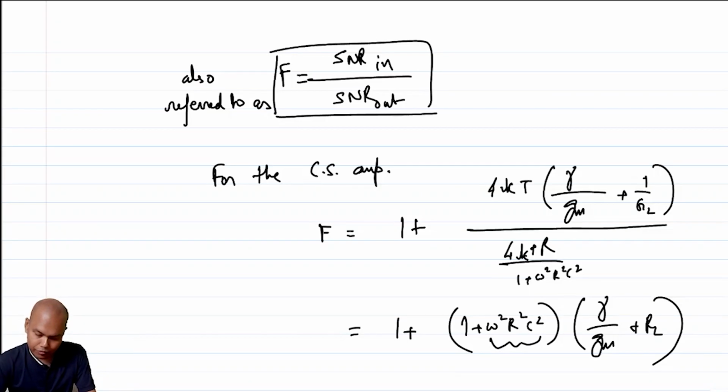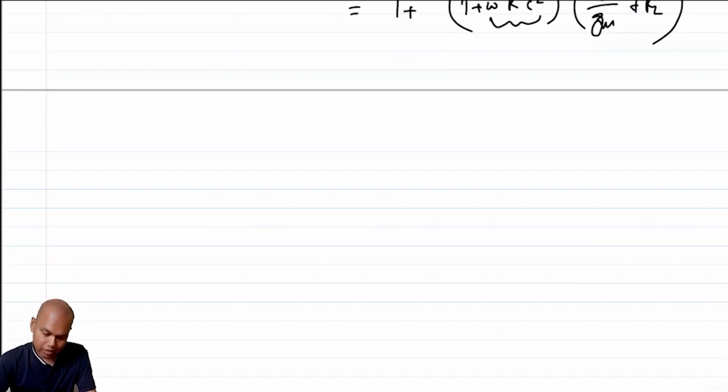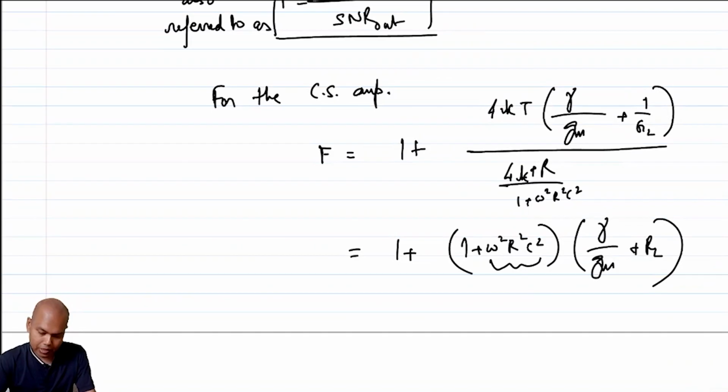Now, this also gives you a nice way of understanding how to minimize the noise factor, because now you see that Gm is in your control, RL is in your control, right? Or GL is in your control. So I keep writing in the form of GL so that I do not have to deal with resistances and conductances simultaneously.